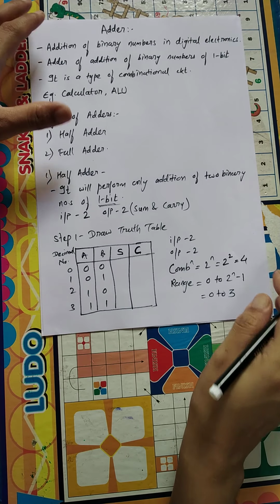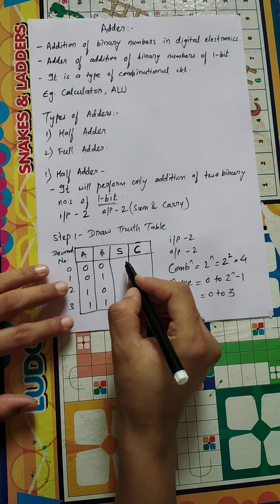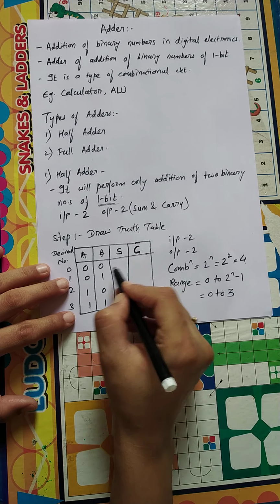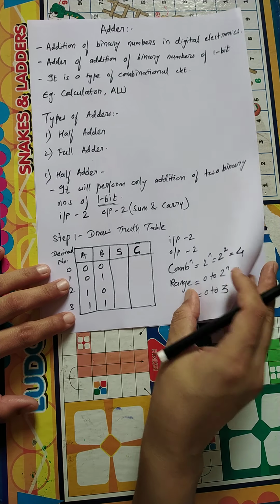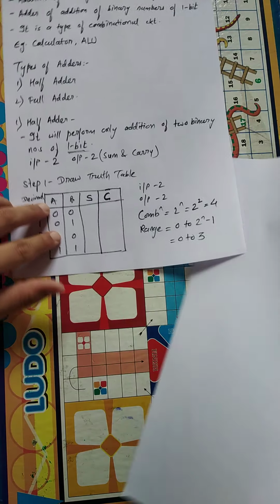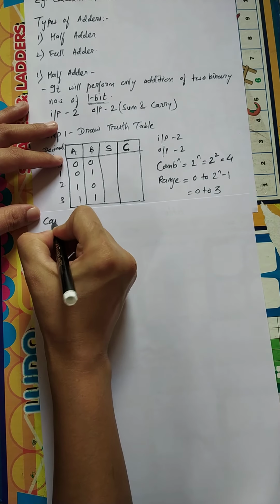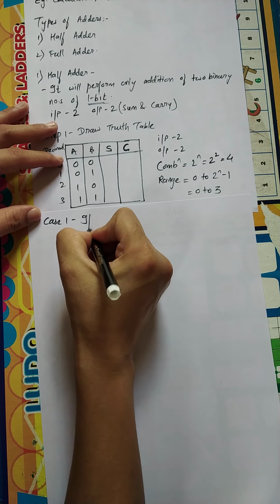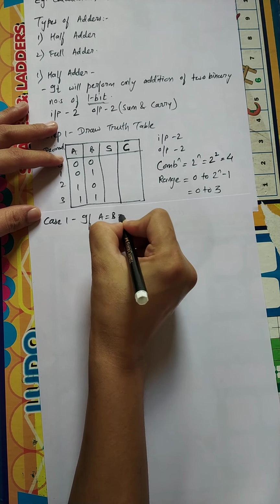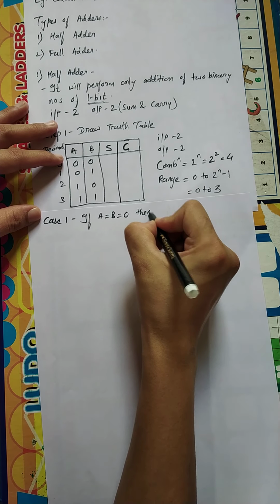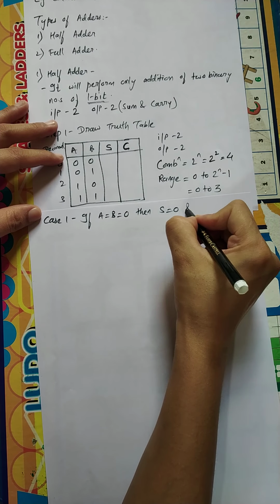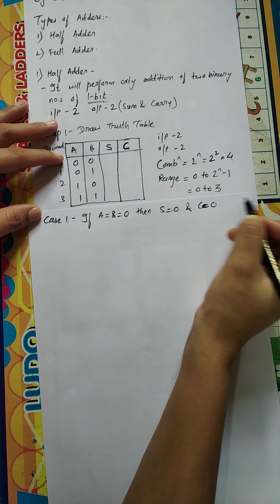Right? So now next, we have to find out sum and carry for the given inputs, right? So actually there are 3 cases. Case 1, if both the inputs A and B equal 0, then sum will be 0 and carry will be 0.